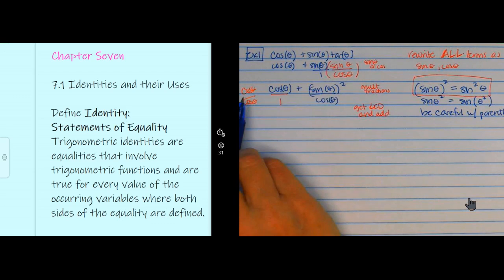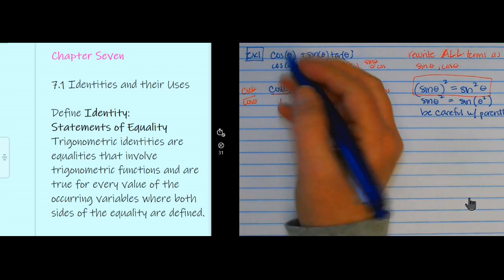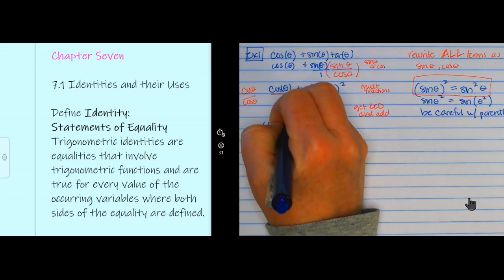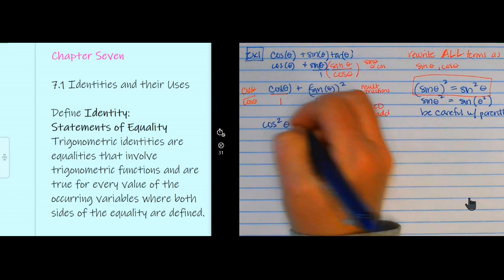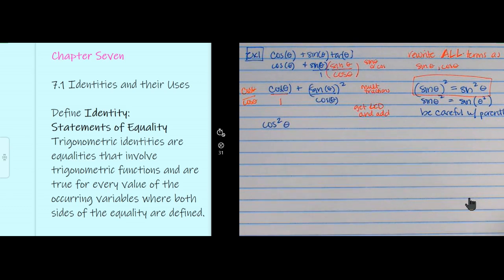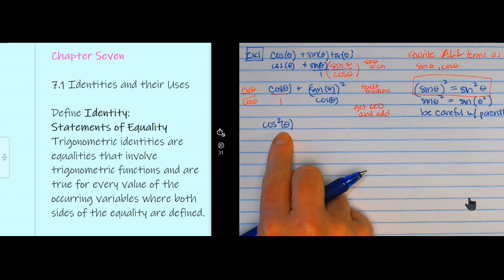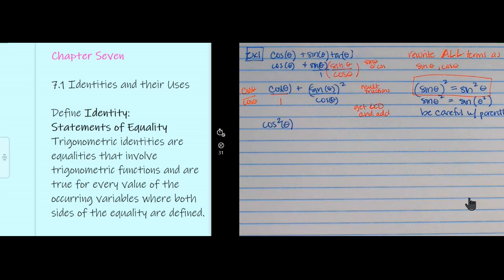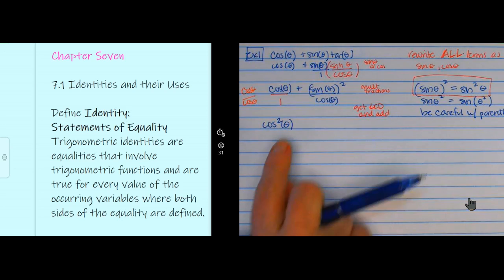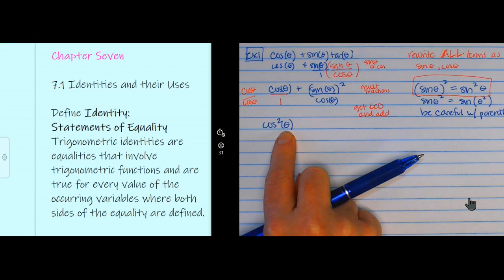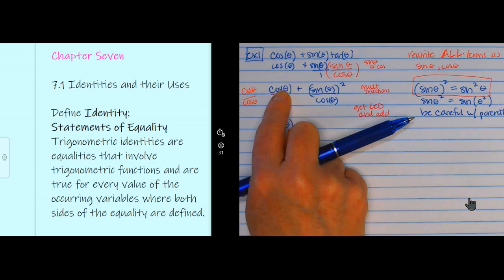What does that give me? That gives me cosine times cosine in the top. That's cosine squared of theta. The book probably doesn't put parentheses around the theta, but this is the argument. This is the composition of functions that I was talking about earlier with making sure you didn't distribute. So the parentheses are actually very important. Anyway, I've got cosine squared on top.